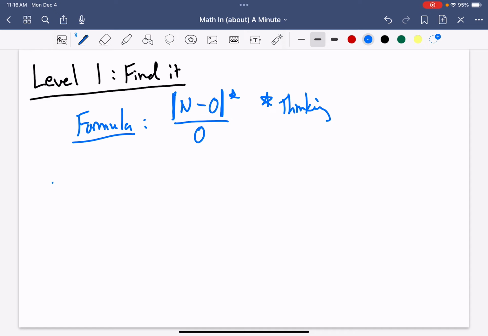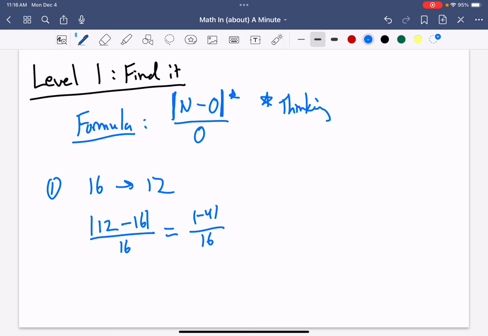So for example, let's say we go from 16 to 12. So I'm going to take my new, subtract my original, and divide by my original. All right, that's going to give me -4, but in the absolute value bars, over 16, which is 4 over 16.